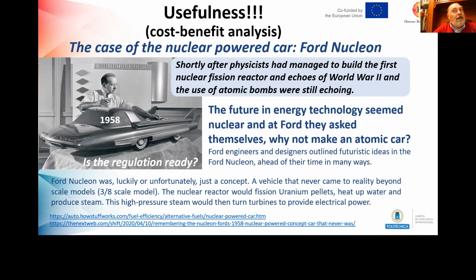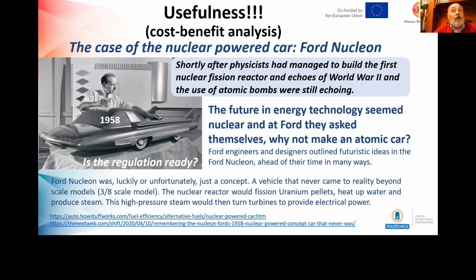Why? Well, there were many reasons behind it. But I put the example here because it was not impossible to do. If you have a prototype working at this scale, it could be possible to build another one at actual size to drive in the streets.